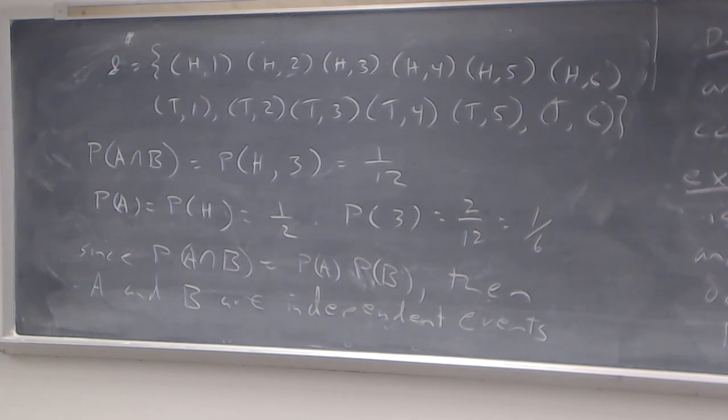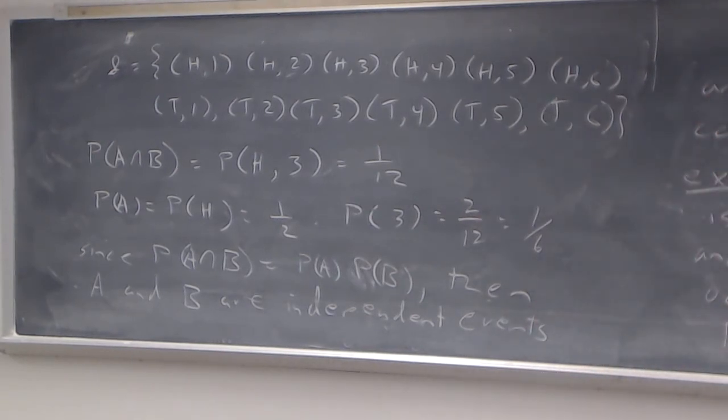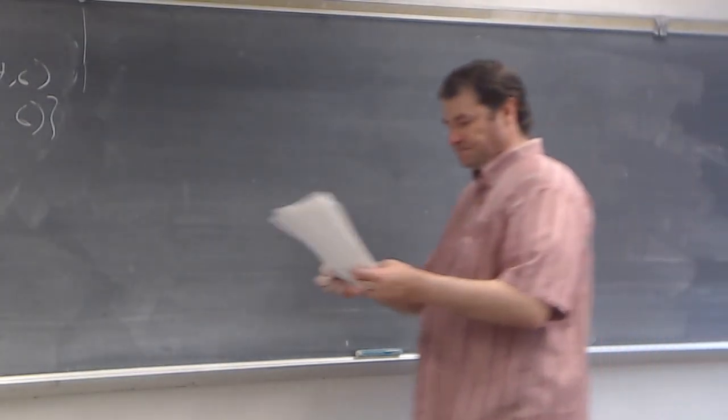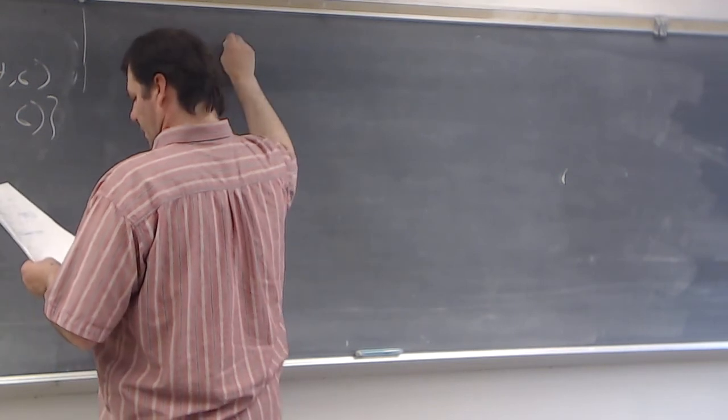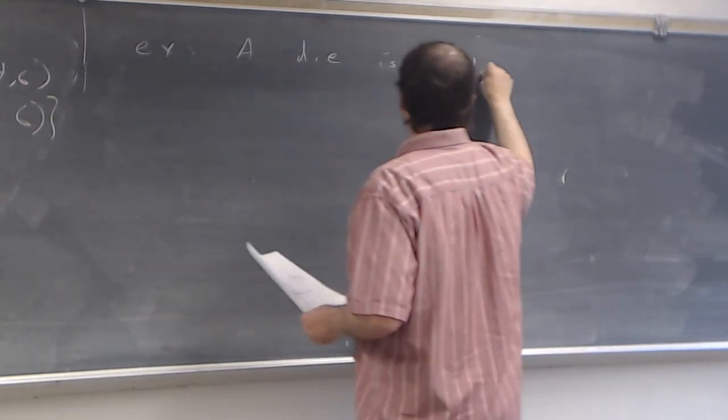Okay, let's look at one more example. So let's say, as an example, a die is rolled twice.